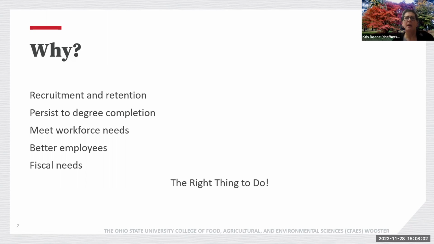But retention is also very important, partly because our students need to have that degree, right? If they leave here, especially with any sort of debt, then they're walking out without a degree and without the same earning potential that they had before. So that's one of those reasons, it's the right thing to do. The other thing is we find that students who engage in their academic institution tend to be better employees.